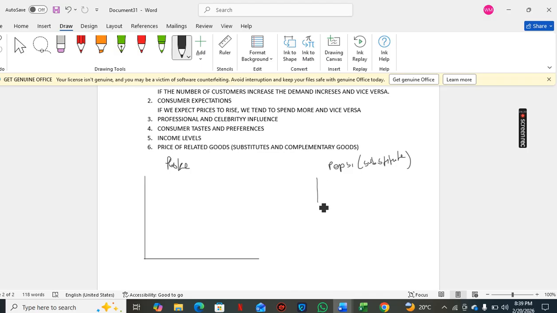Now, if you are explaining in the exam, you don't need to put these diagrams. I'm just trying to illustrate here. It's price here, quantity also there. Let's say both of these are priced at 5 kwacha each.